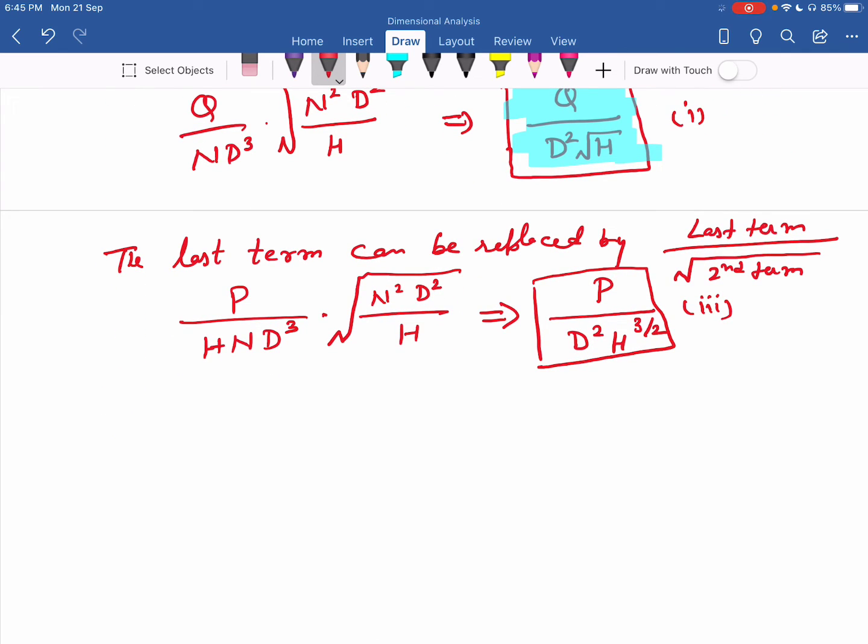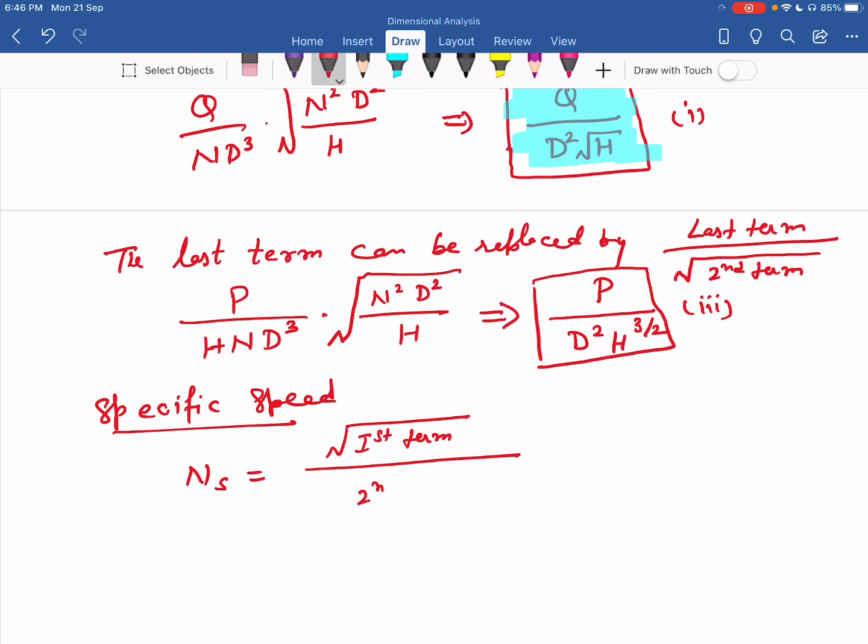Now there is one more important term in hydraulic machines, that is in case of turbines and pumps, known as specific speed. So I can write Ns is equal to under root of first term divided by second term raised to power 3 by 4.